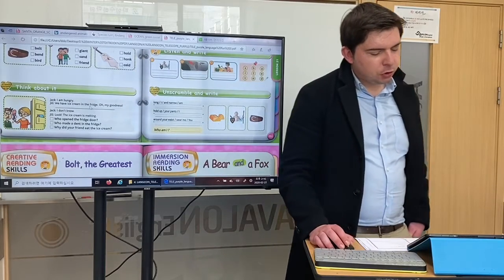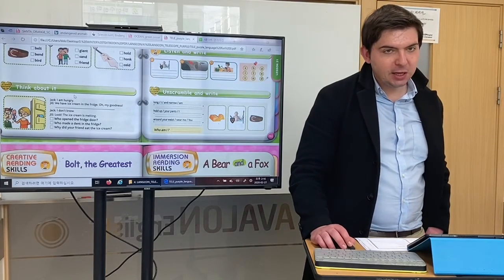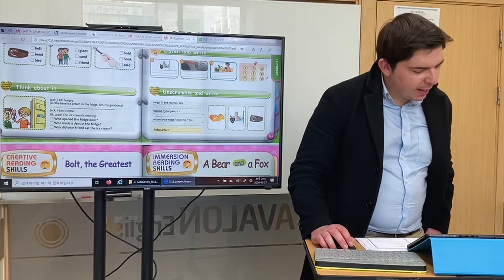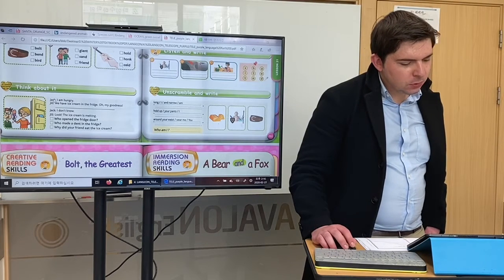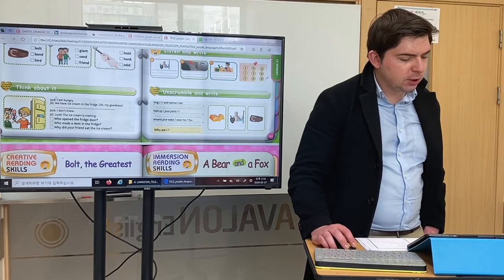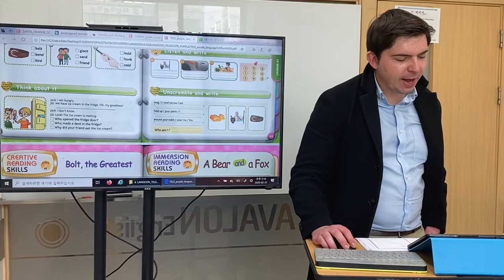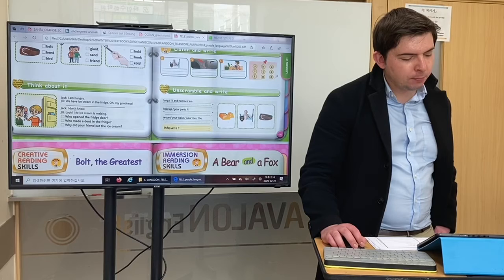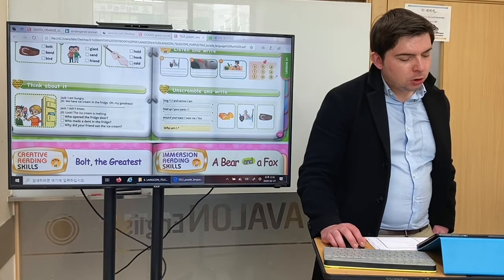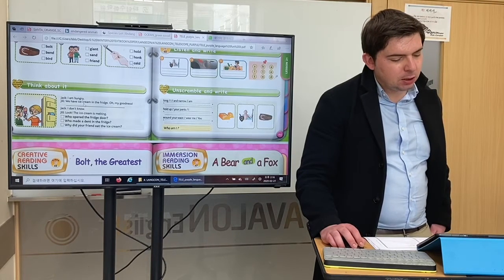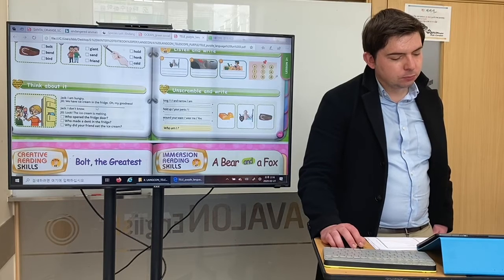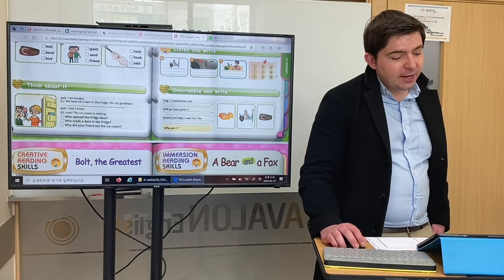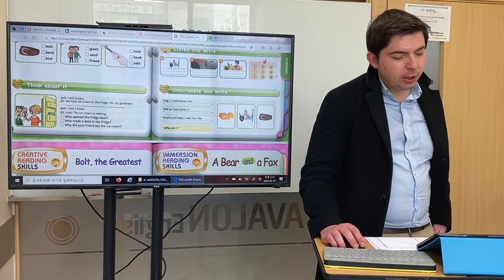Now we have the tricky part that no one likes, but we have to do it. Remember, we're using all of the information that we have from the story, including the bottom part, to fill in this missing space here. So Jack says, I'm hungry.